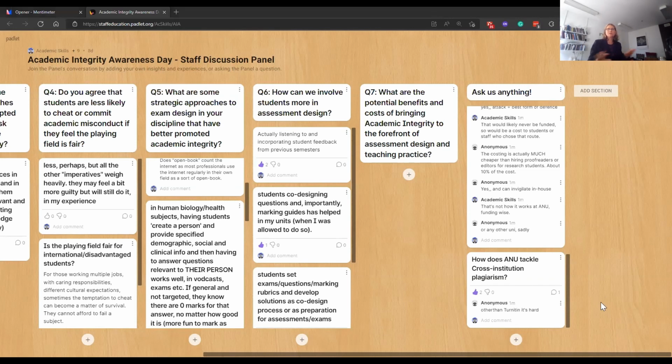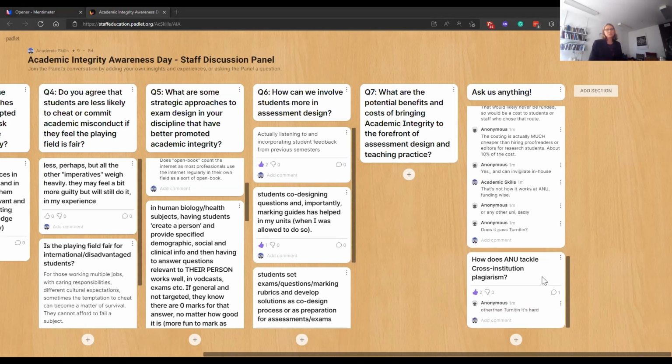If you mean cross-institutional by whole of ANU versus other institutions, I think that's a different question. But ASQO, just emailing integrity, can give you a lot of guidance about even the nature of the breach, if a breach has occurred previously. I hope that's an answer to that question.